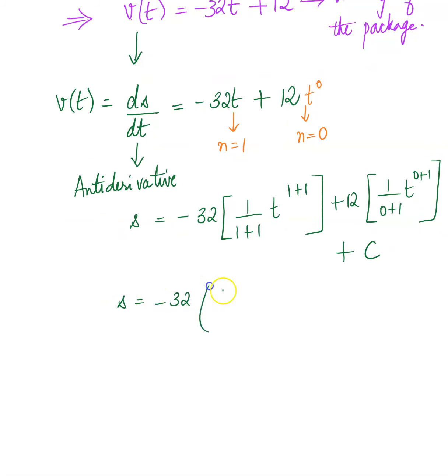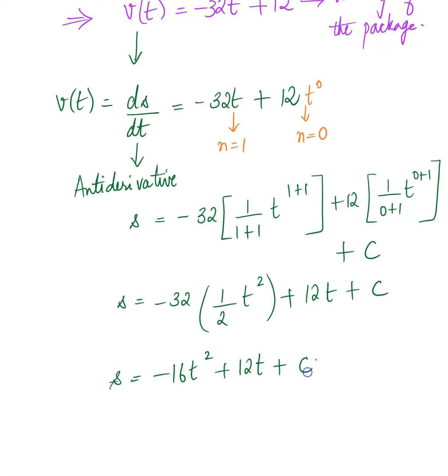Negative 32 times 1 over 2t squared plus 12t plus c. Simplify this, so you get s equals negative 16t squared plus 12t plus c.